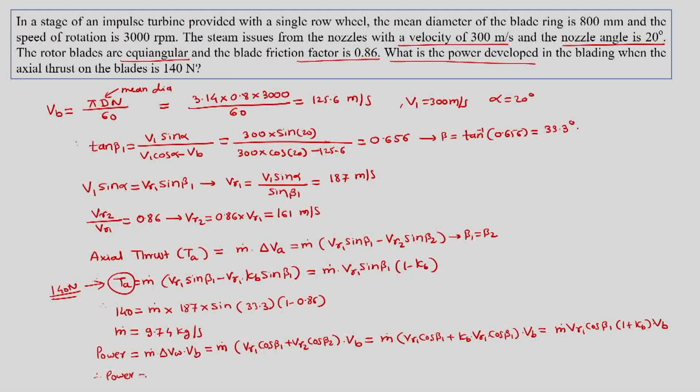So power developed is m dot, which is 9.74, into VR1, which is 187, into cos of 33.3 into 1 plus 0.86 into 125.6, and this gives the answer as 355.84 into 10 to the power 3 watt, which is equal to 355.84 kilowatt.